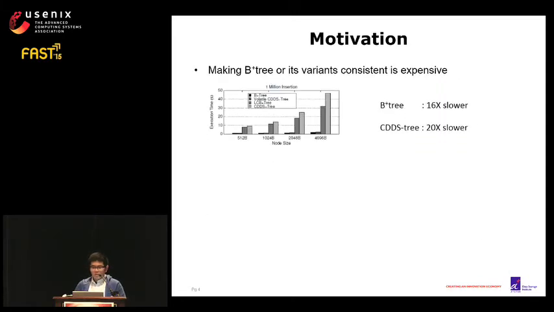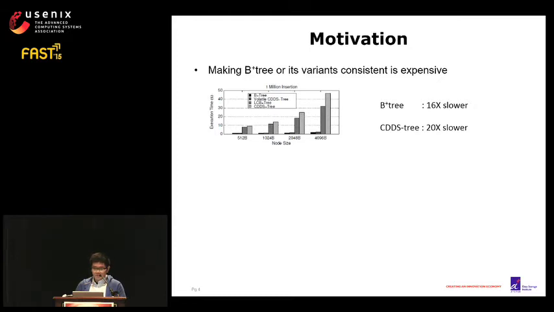However, ordering memory writes using mfence and clflush is quite expensive. As an illustration, we implemented a standard B+Tree and its consistent version using logging. We also implemented a well-known tree structure for NVM called CDDS-tree and its volatile version.